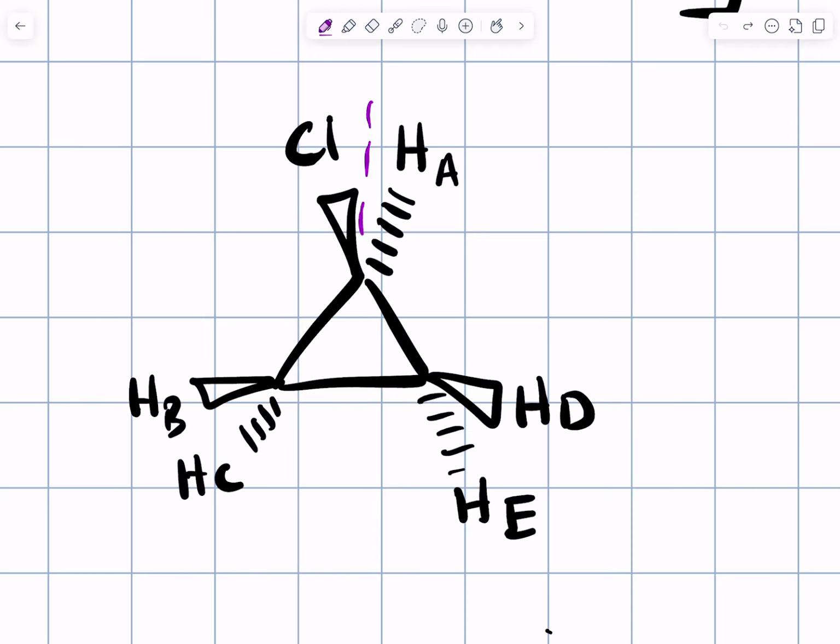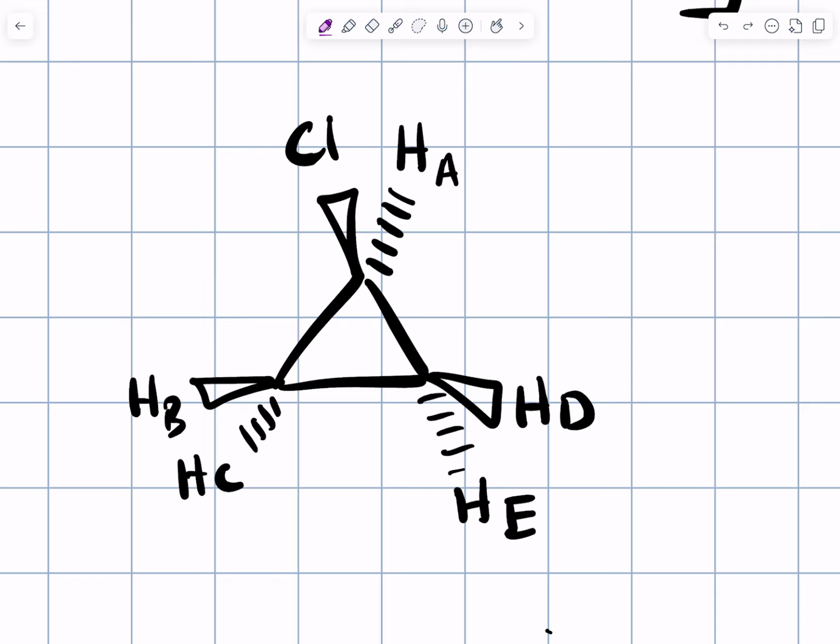So that's not there anymore. We also lose the mirror plane of symmetry that's the plane of the page, because what's above the ring is different from what's below the ring. So that changes everything.